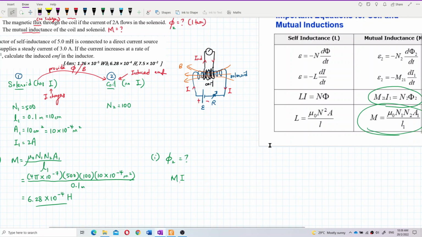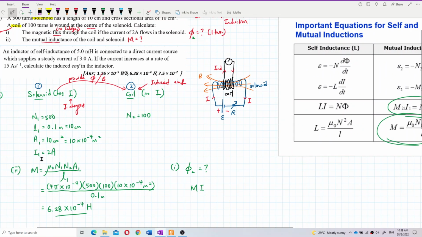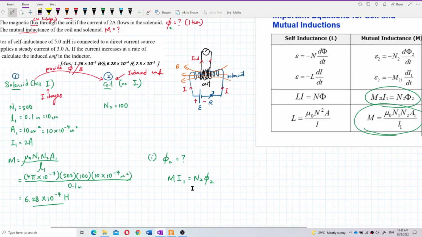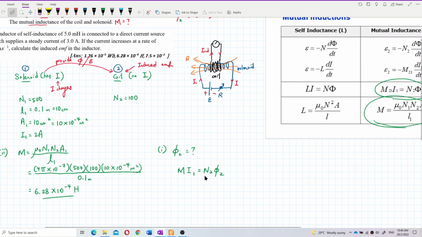The current is I1, which is 2 ampere. M I1 equals N2 phi 2, so phi 2 equals M I1 over N2.